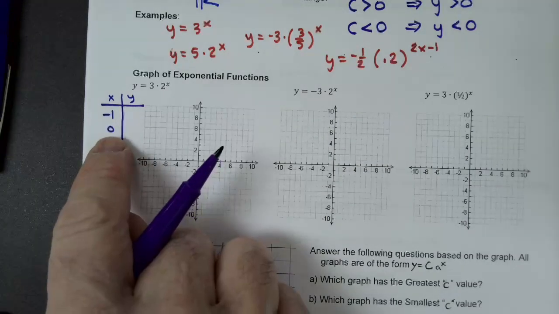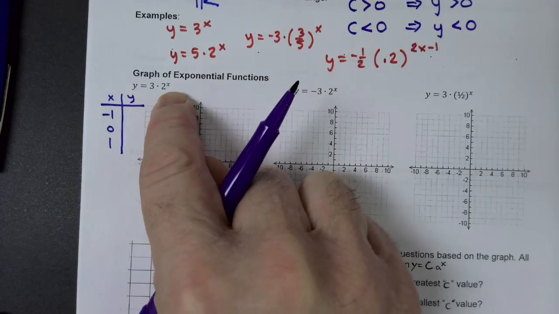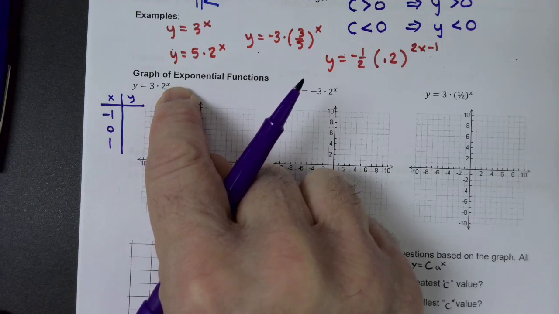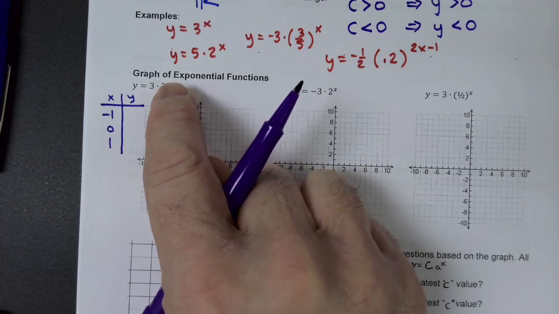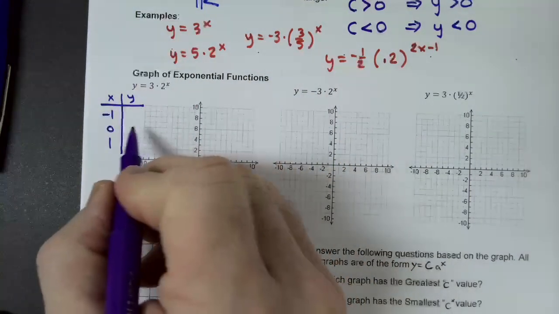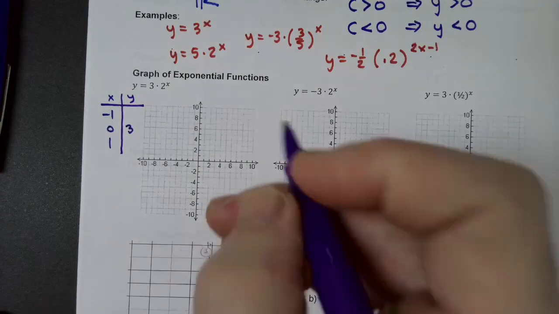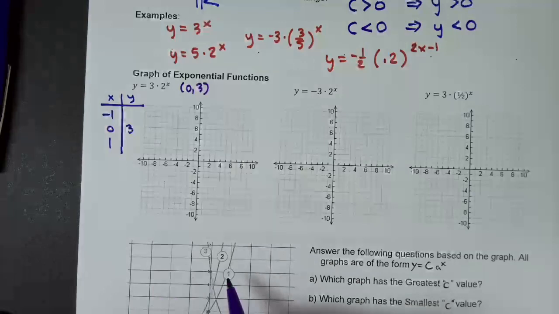Well, first of all, let's look at when x equals 0. We know that 2 to the 0 power will not be 2, not be 0, it'll be 1. Anything to the 0 power is 1. So this will be a 1 times 3, and we'll get 3. So we know that this is going to go through 0, 3.